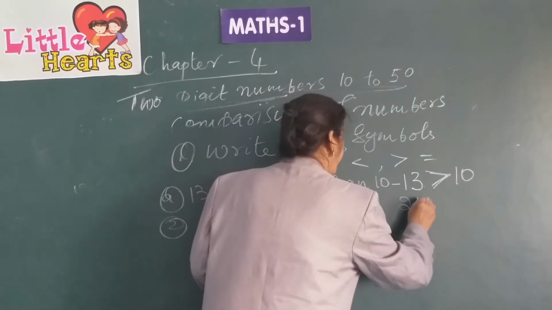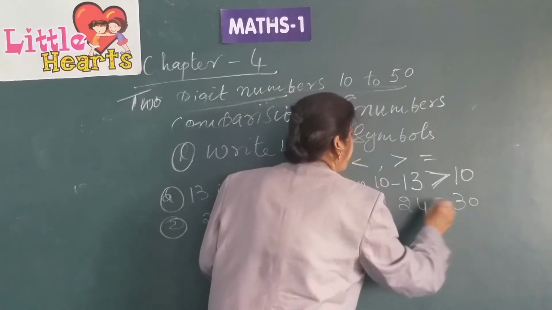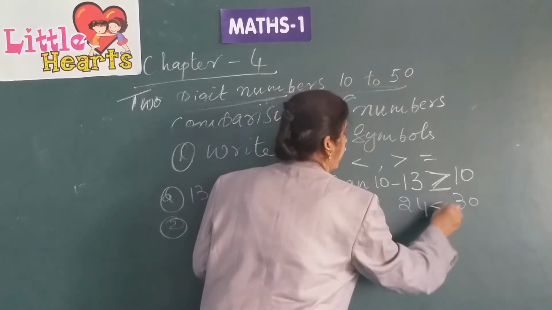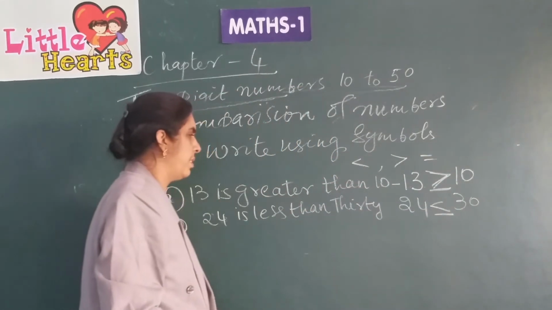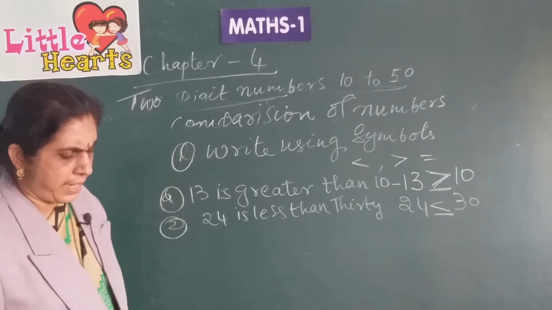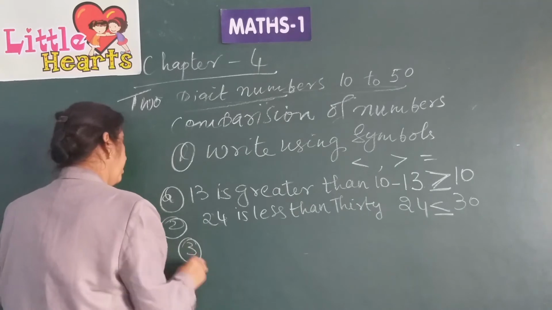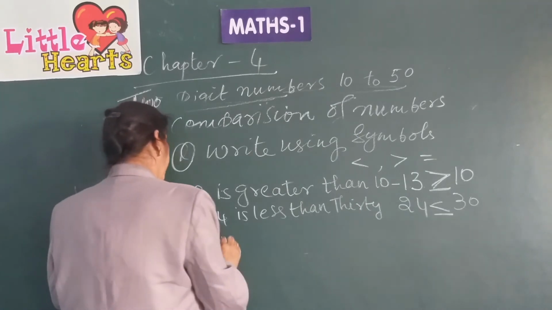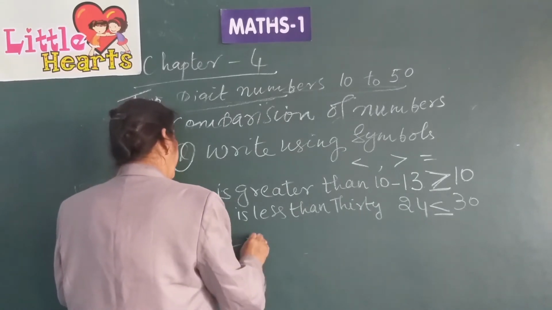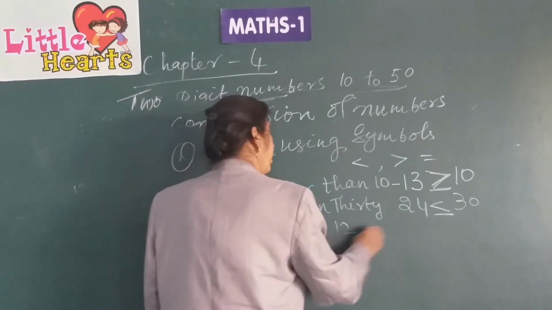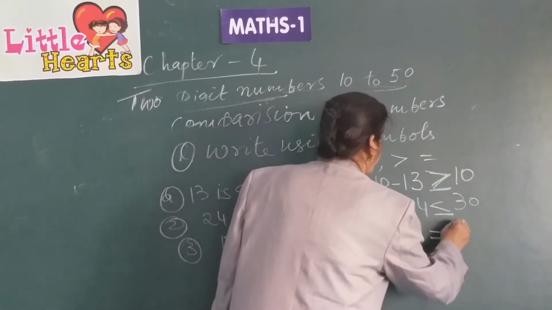Write the numbers 24 and 30. 24 is less than 30. Write the symbol like this. 24 less than 30. 12 equals 12.